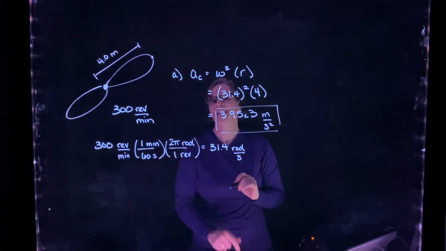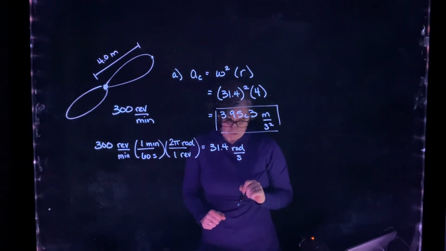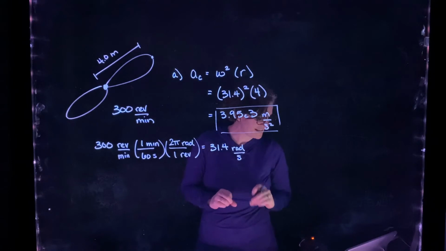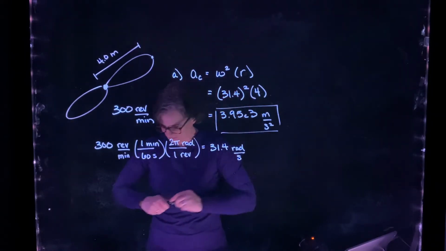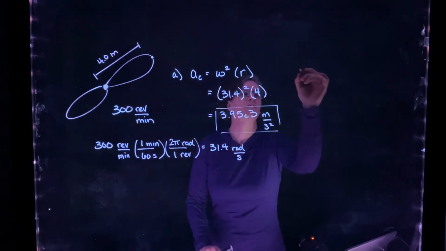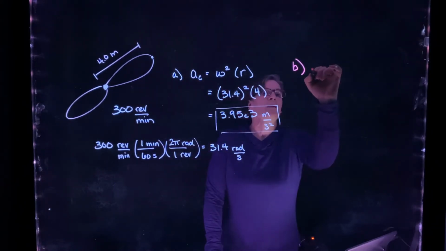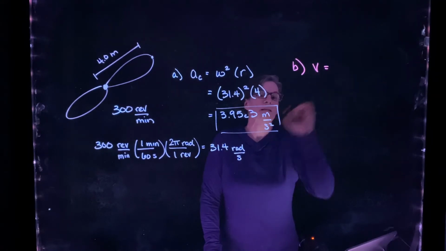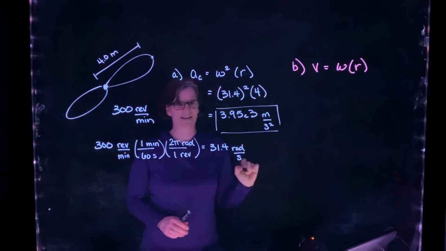All right, and part B says, what is the linear speed at the tip? So I'm getting a little ahead of myself. Part B asks for the linear speed at the tip. We know the linear speed can be obtained by taking the angular speed times the radius.